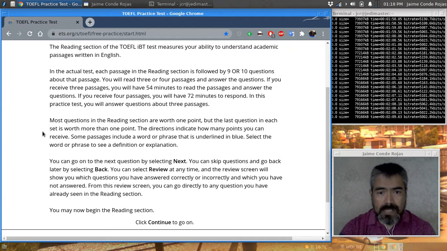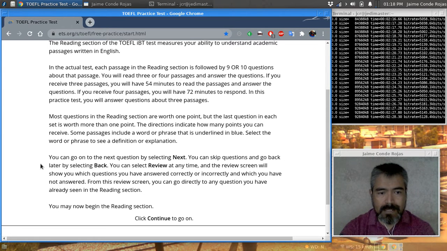The directions indicate how many points you can receive. Some passages include a word or phrase that is underlined in blue. Select the word or phrase to see a definition or explanation. You can go on to the next question by selecting next. You can skip questions and go back later by selecting back.